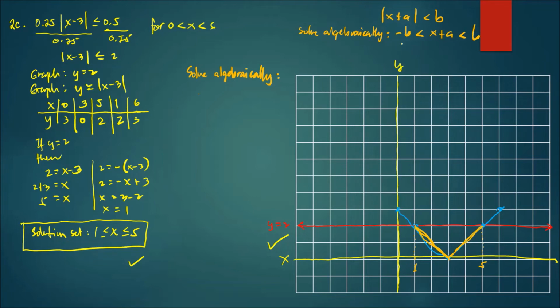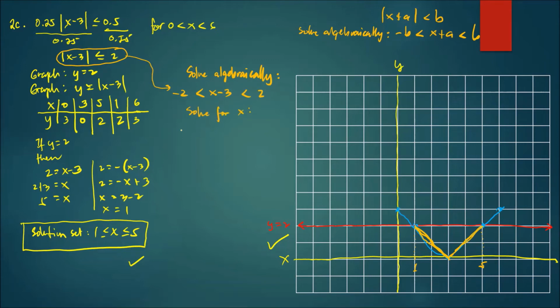Then we solve for x. Okay, so let's do that here. So we can write it as x minus 3 is greater than negative 2, but less than 2. So we solve for x.